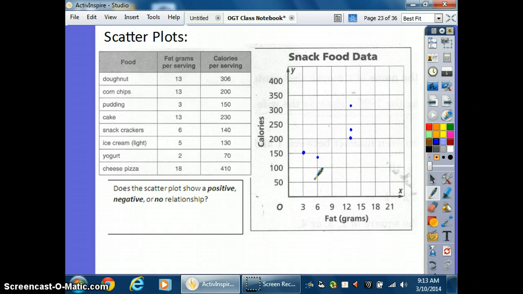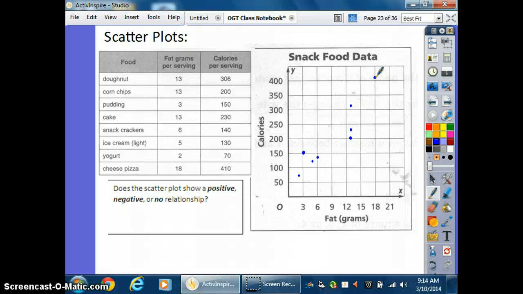Ice cream, 5 and 130. Yogurt, 2 and 70. And cheese pizza, 18 and 410. Okay, that's what a scatter plot looks like.